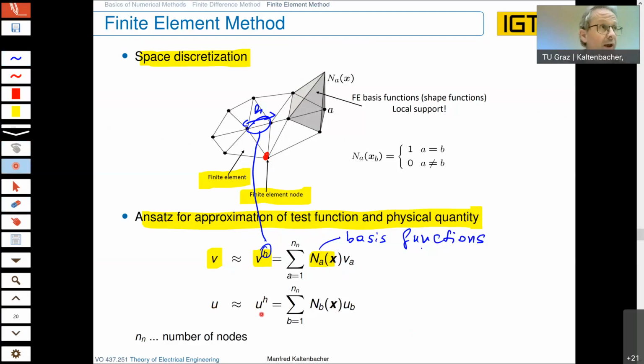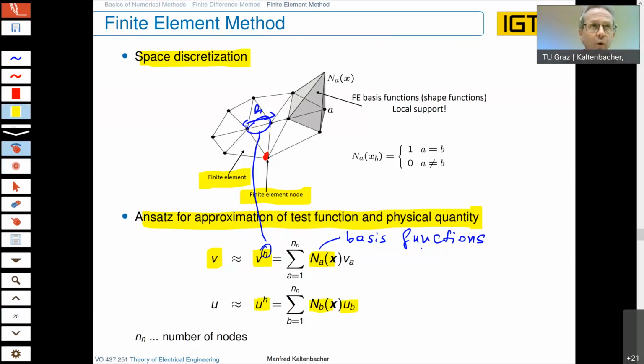And we do quite the same for our unknown u. It's now also a discrete unknown because we somehow sample in space at all the finite element nodes. We now make such an ansatz again with the same basis function, just another index. And here we also clearly have the coefficients, and those are the coefficients we want to compute in all the nodes where we don't know our physical quantity.